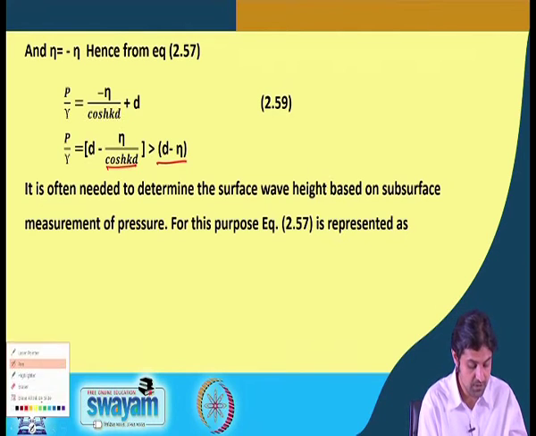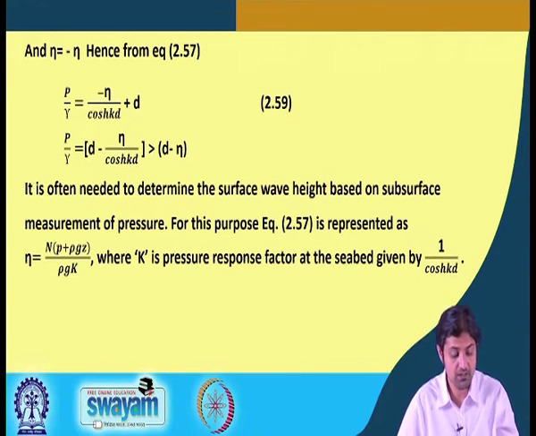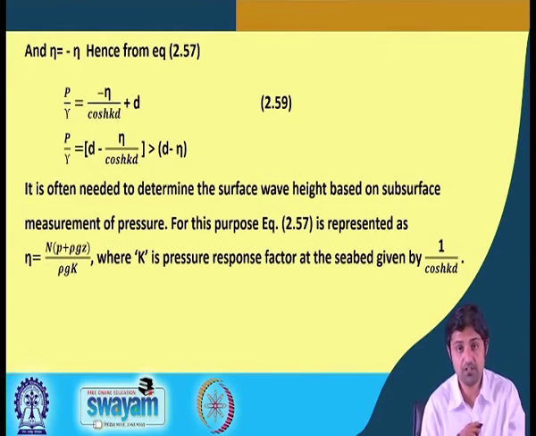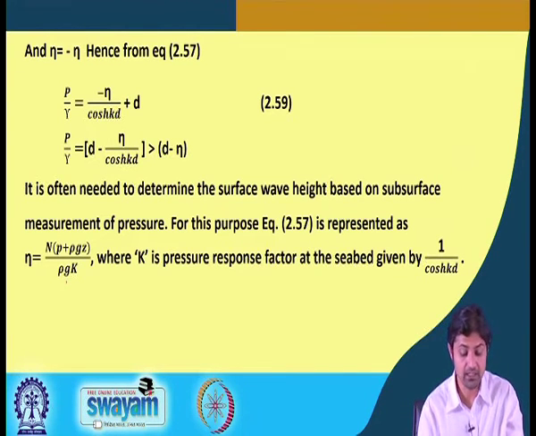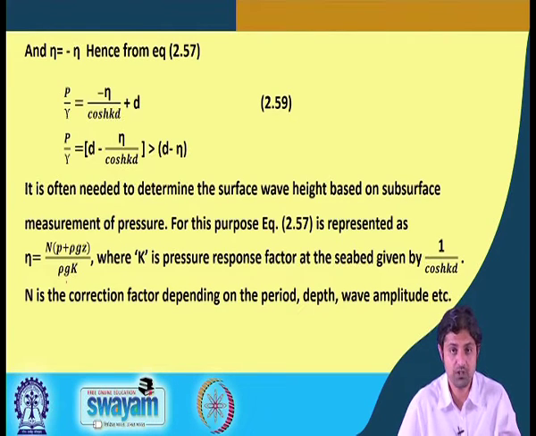It is often needed to determine the surface wave height based on subsurface measurement of the pressure. So, for this purpose, equation 2.7 can be represented as follows. If we have subsurface measurement techniques available, we can actually calculate the eta, where n is the correction factor depending upon the period, depth, wave amplitude, etc. This is for the people who are interested more in practicals.